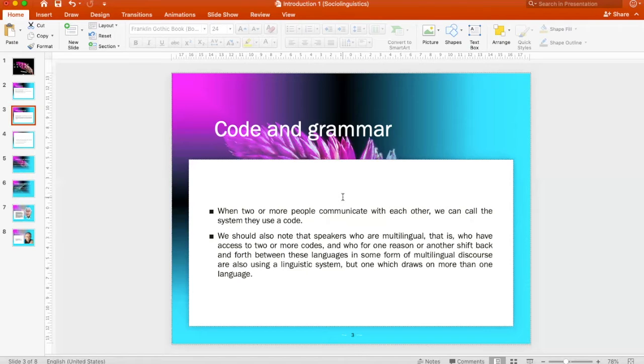When you have understood what is being talked about, you can translate anything that is said as the utterance comes out from the hearer or the speakers. And for one reason or another, those who shift back and forth between these languages in some form of multilingual discourse are also using a linguistic system, but one which draws on more than one language.